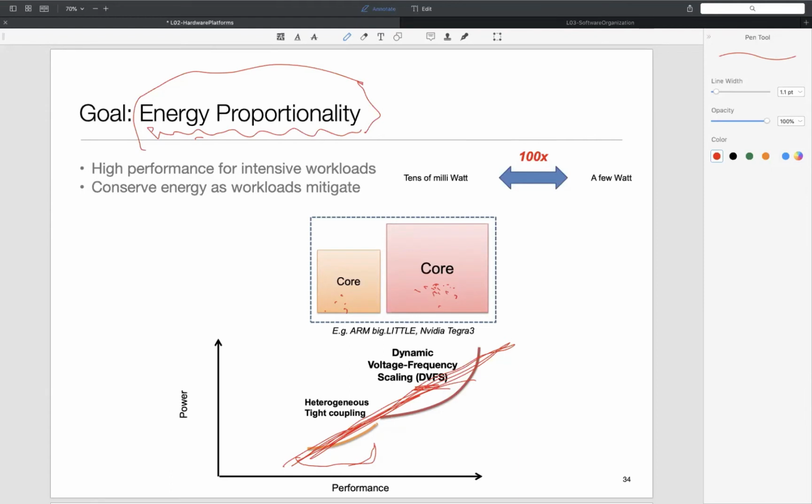Now, philosophically, some OSs basically say this is something the OS should not expose, and there are two reasons for it. One is that they believe the users may not do it correctly: if we expose this power management to the application, then it will blow it, and there are cases of that.